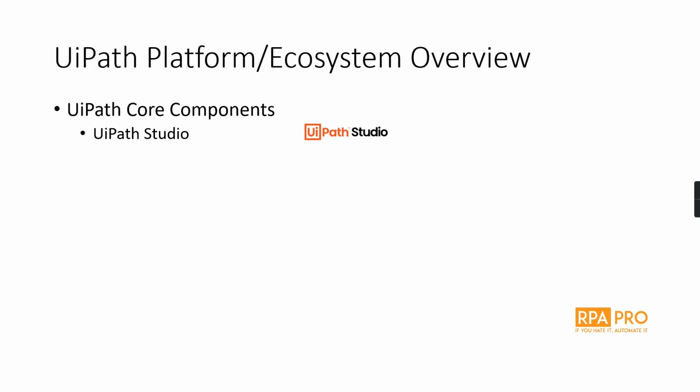Moving forward, we have the UiPath Assistant or Robot. Older versions called it Robot. The latest version is called Assistant. What is this? Well, in short, UiPath Assistant is where you are going to access the automations you have within your environment, and you can trigger them from there.